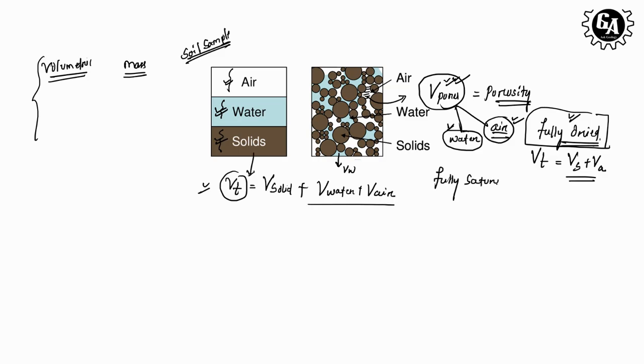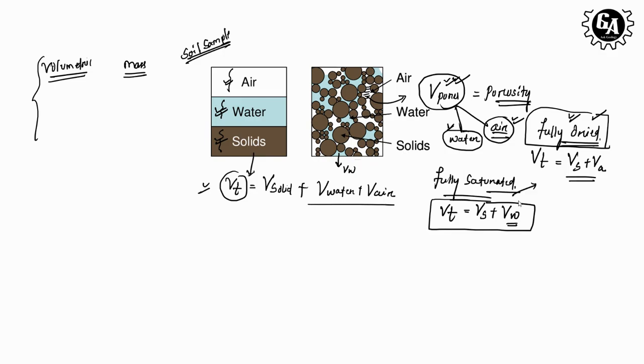In the fully saturated case, the total volume will be constituted by the volume of solid plus the volume of water, because all the pore spaces will be filled by your water. So there will be no volume of air in the fully saturated case. So these are two ideal cases, fully dried and fully saturated.